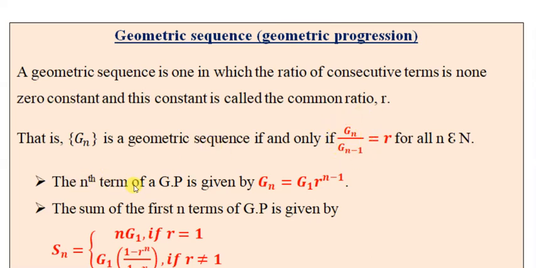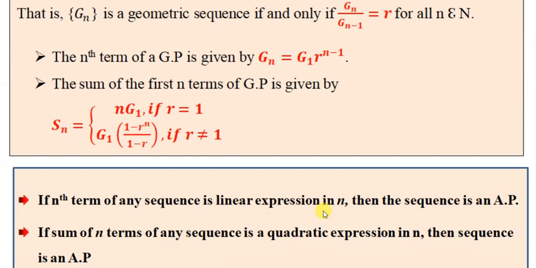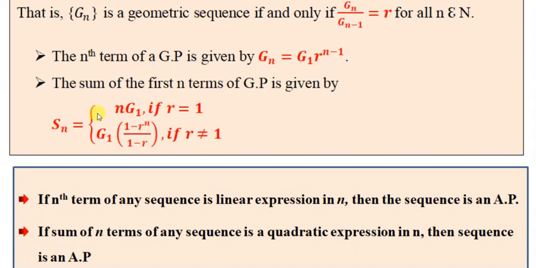Moreover, the nth term of a geometric progression is given by Gn is equal to G1 times the common ratio r to the power of n minus 1. And the sum of the first n terms of a geometric progression is given by Sn is equal to n times G1. This is true if and only if r is equal to 1.